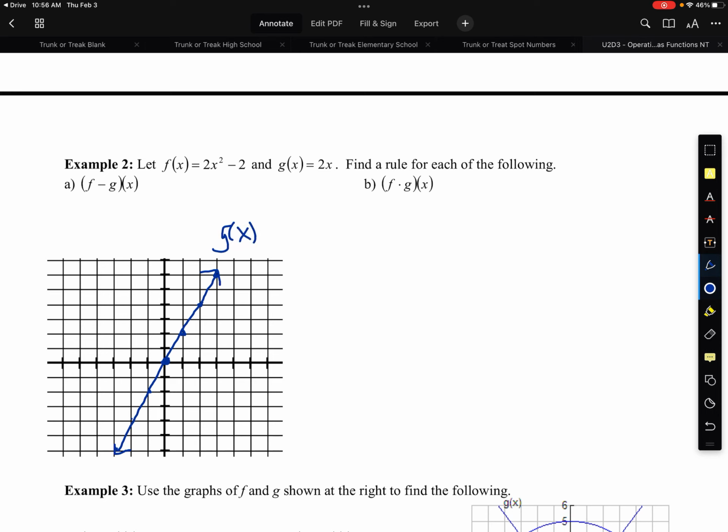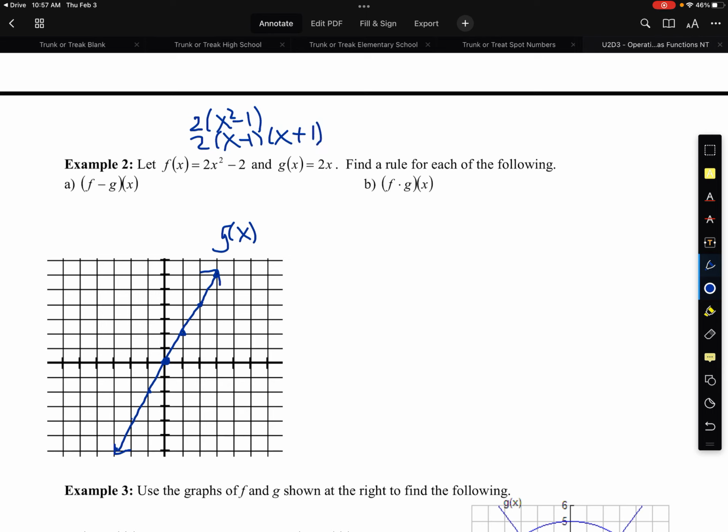For my f of x, I'd have my y-intercept at 0, negative 2. I could do a whole factor idea: take out 2, x squared minus 1, which is 2 times x minus 1 times x plus 1.